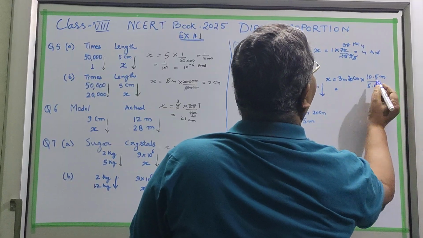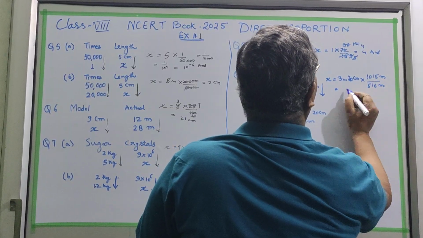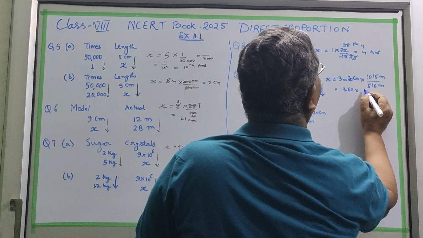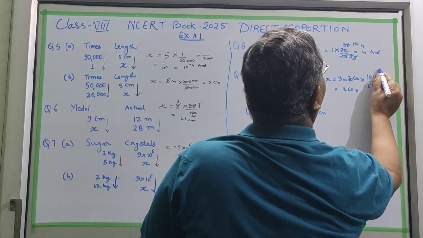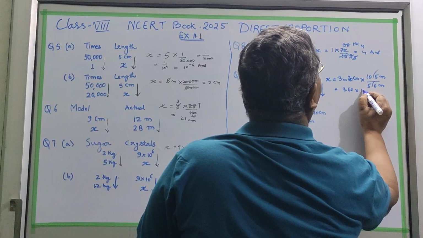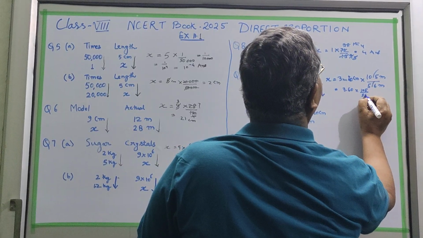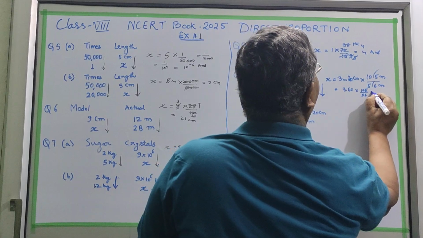Okay. Here what we will do, this we will remove. Here 3.60 into 105 upon 556.